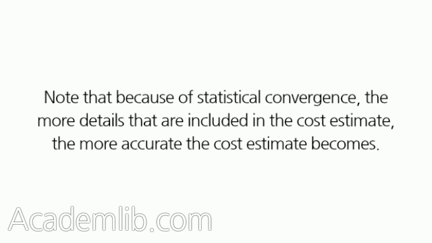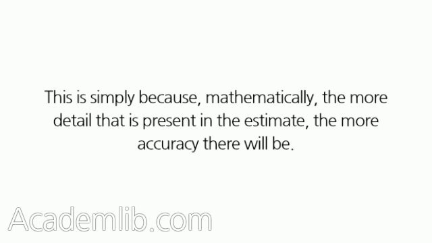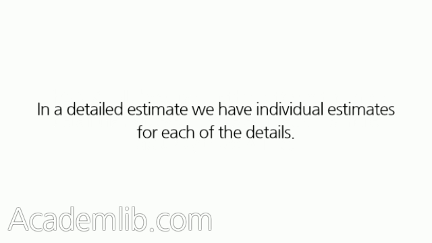Note that because of statistical convergence, the more details that are included in the cost estimate, the more accurate the cost estimate becomes. This is simply because, mathematically, the more detail that is present in the estimate, the more accuracy there will be. In a detailed estimate we have individual estimates for each of the details.